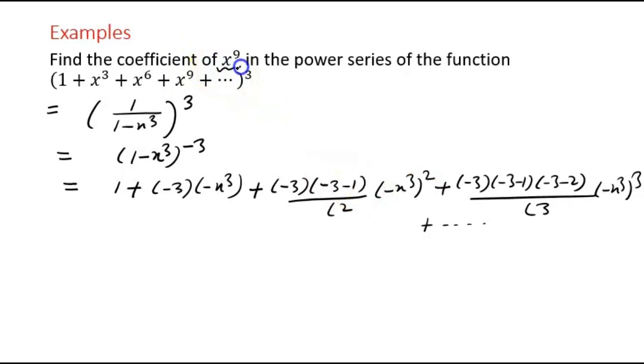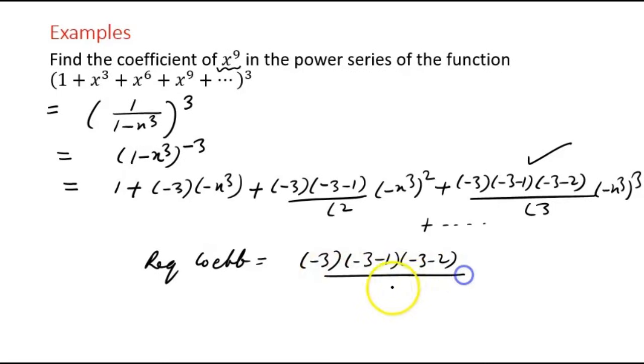But since we want the x to the power 9 coefficient, this term will give me the x to the power 9 coefficient. So what is the required coefficient? The required coefficient is equal to (minus 3)(minus 3 minus 1)(minus 3 minus 2) by factorial 3, and there will be a minus from this also because we are taking (minus 1) cube, so I will get minus 1.